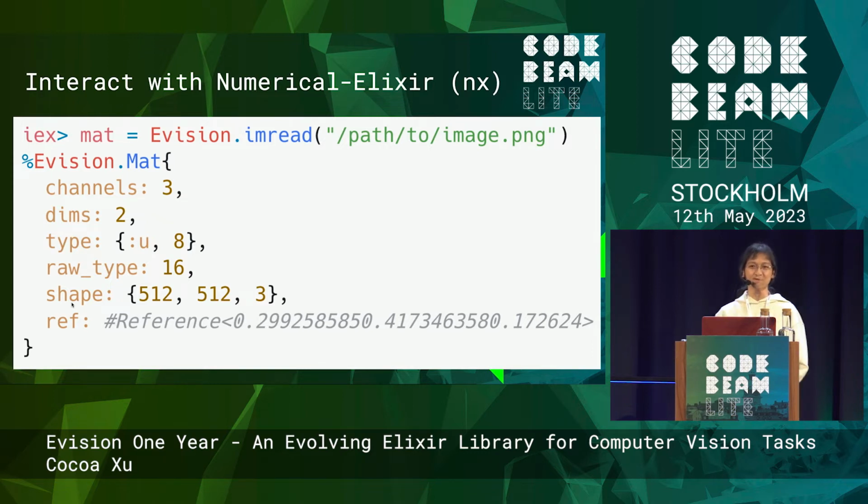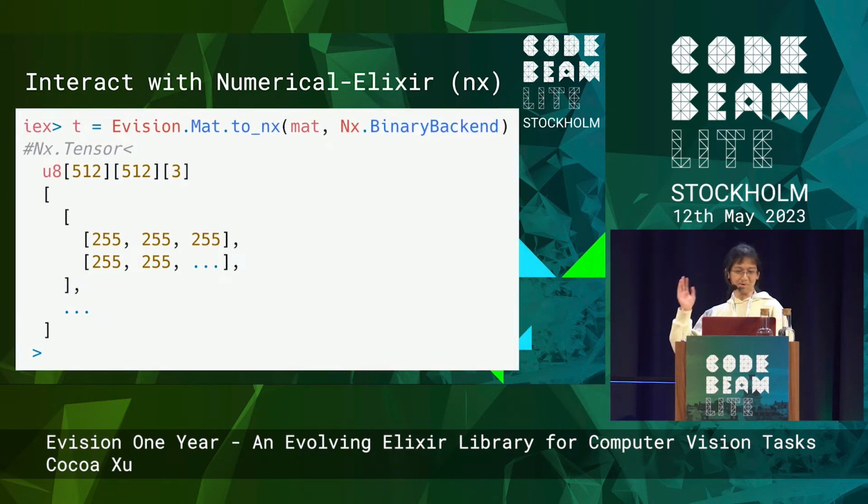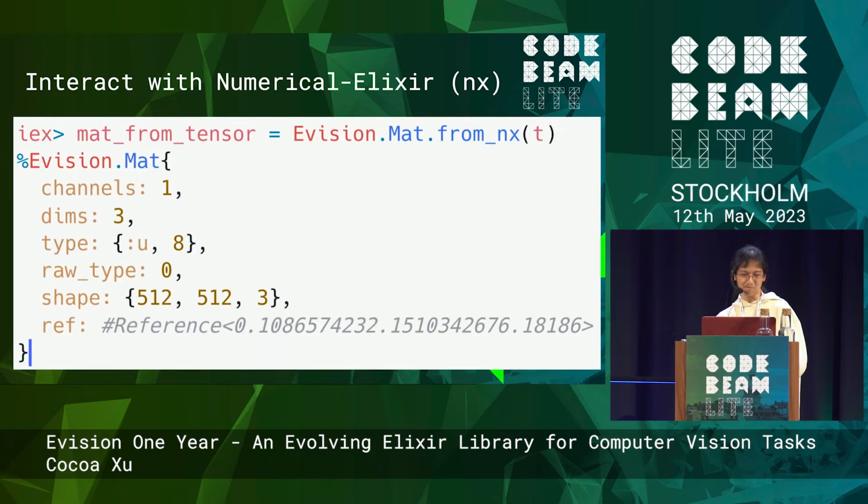However, the OpenCV source code has a long history, and originally it was specifically designed for processing 2D images, so they have this thing here. If we convert a tensor directly to an Evision.Mat struct, then we will end up with a 1-channel and 3-dimension object here.